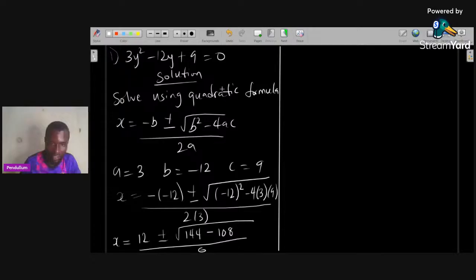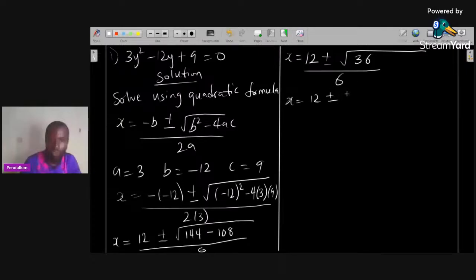Alright, so let's continue. We have here x is equal to 12 plus or minus the square root of 144 minus 108, which should give you 36, over 6. So x equals 12 plus or minus the square root of 36, which is 6, over 6.